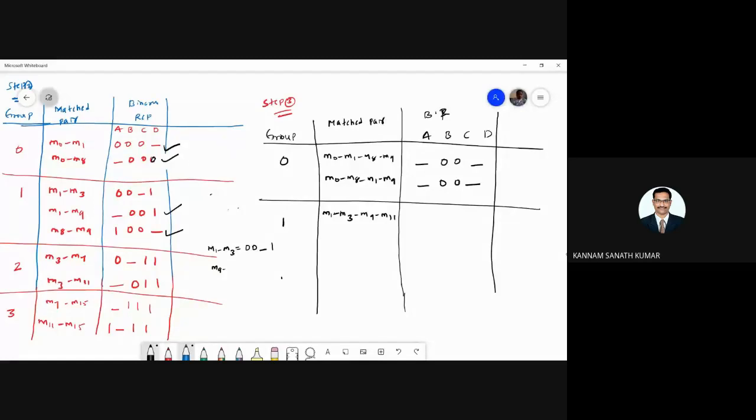And M9 M11 equals -. Here you will get M3 M7, and this is M3 M11.